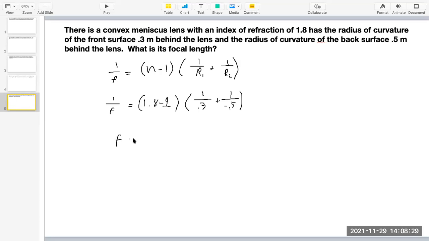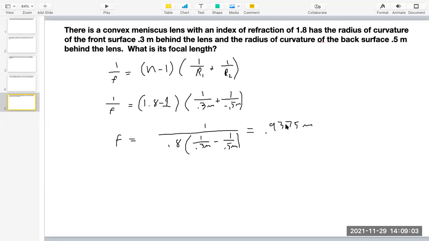So our focal length will just be the inverse of this. And it is equal to 0.9375 meters.